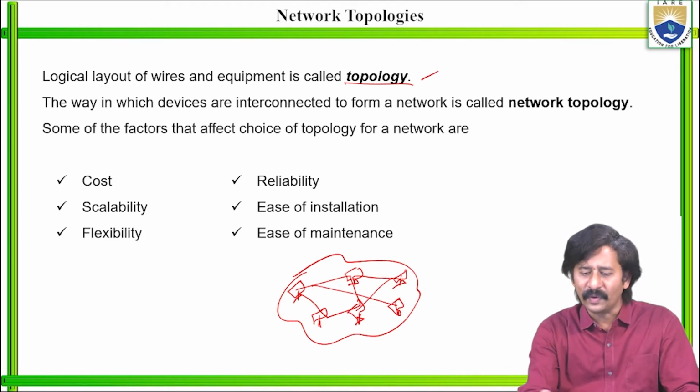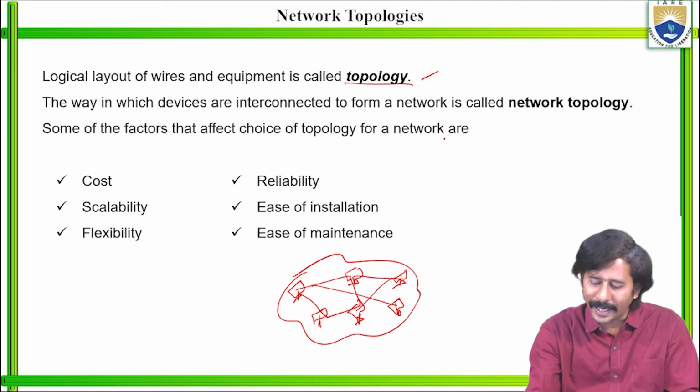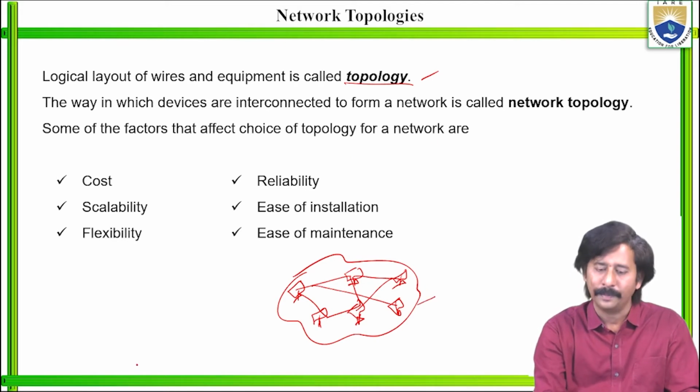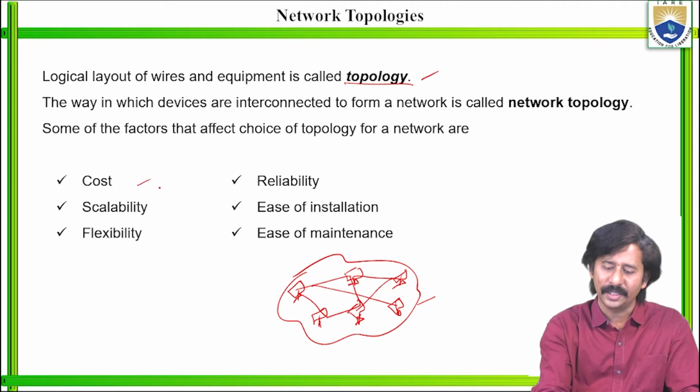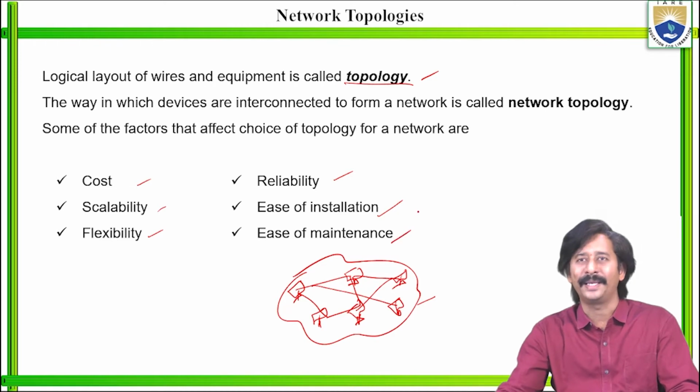Some of the factors which affect the choice of topology for any particular network are: first, cost, scalability, flexibility, reliability, ease of installation and ease of maintenance.